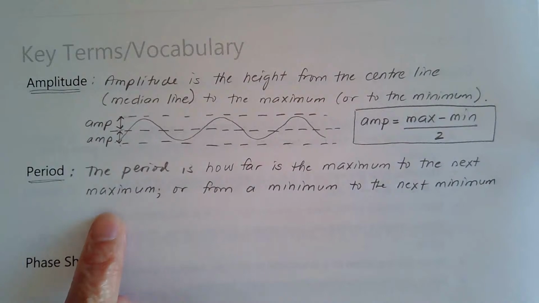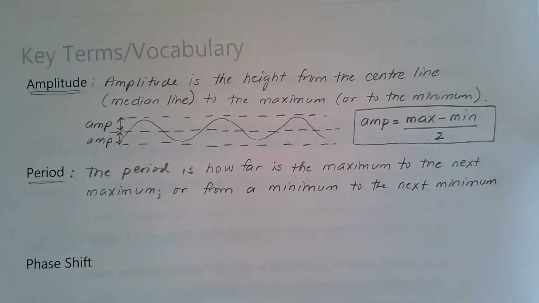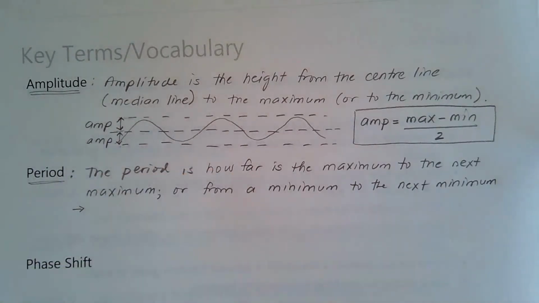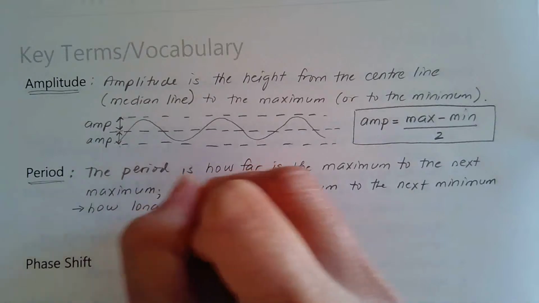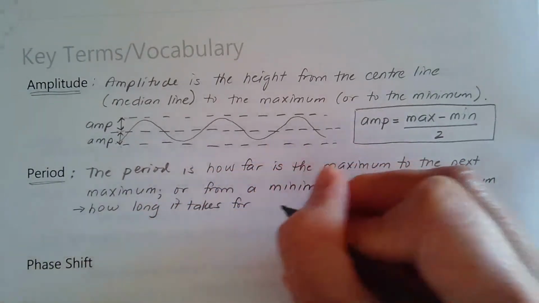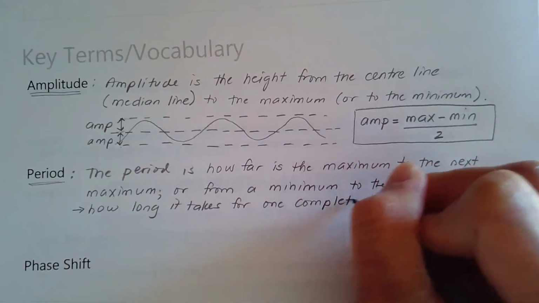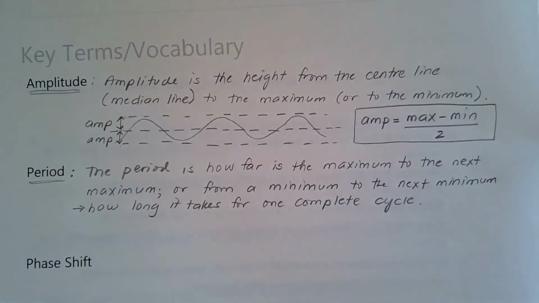The word period is basically how long it takes for one complete cycle. So that's what period is.